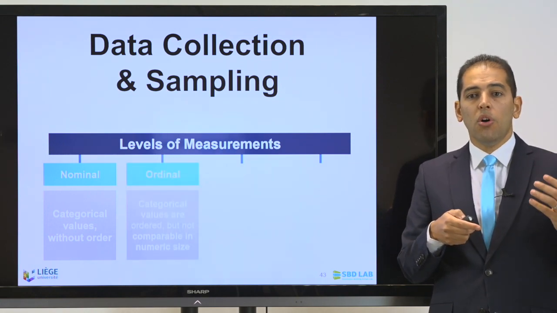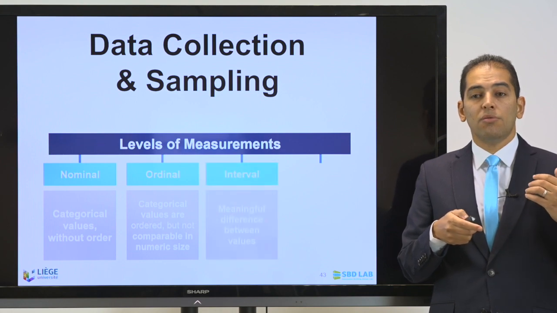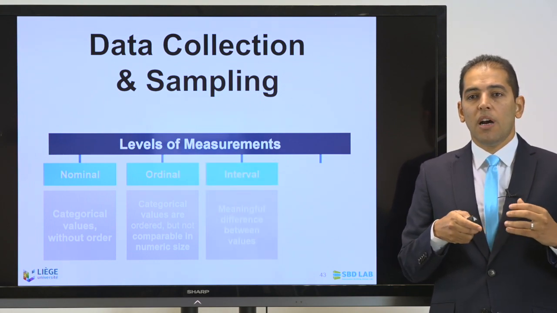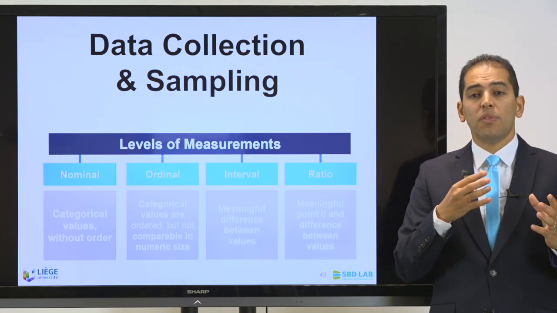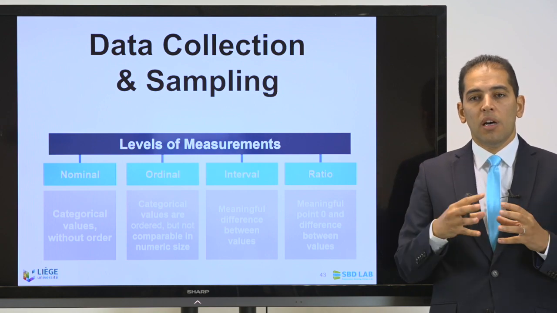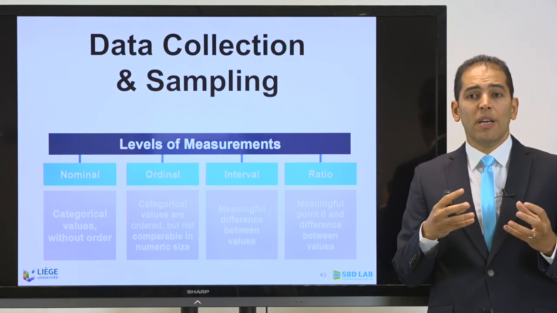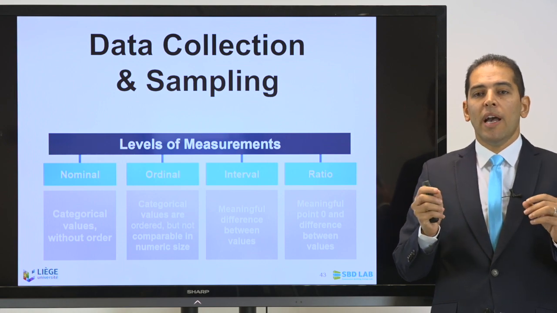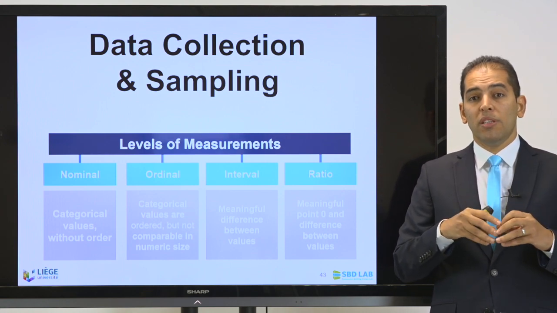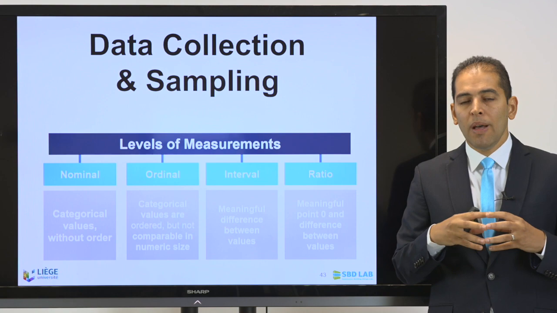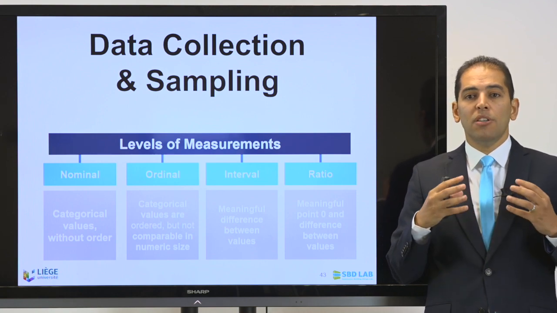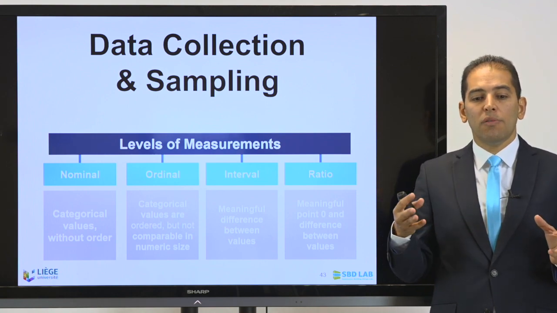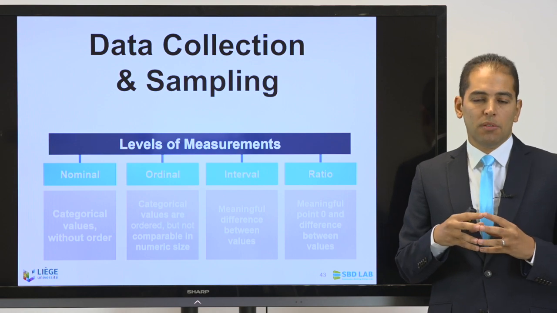Are you going to use ordinal data? Are you going to use interval data? Are you going to use ratio data? These are different numerical data representations for your measurement that will influence your questionnaire and will influence your data collection approach, so that later on, when you start processing them and conducting your statistical tests, you are already defining what kind of levels of measurement you are using.